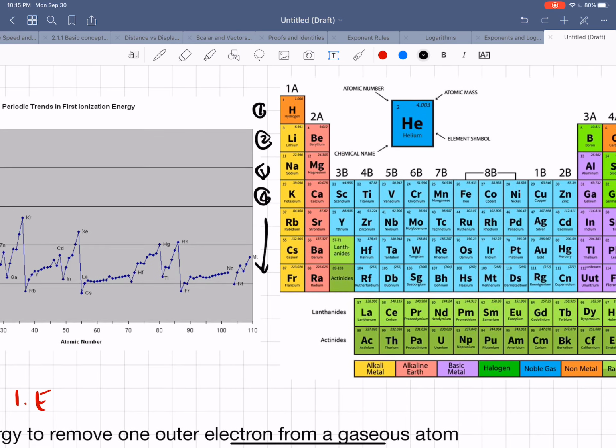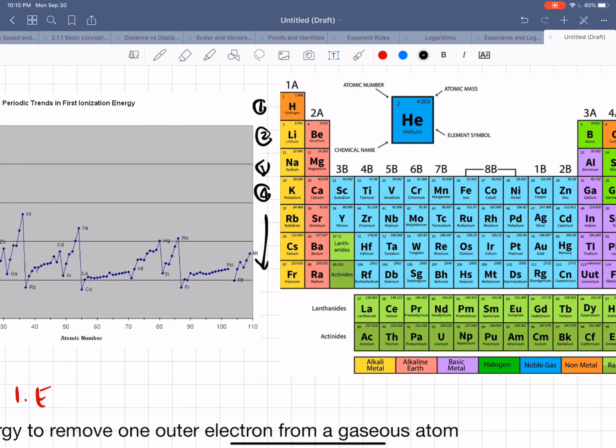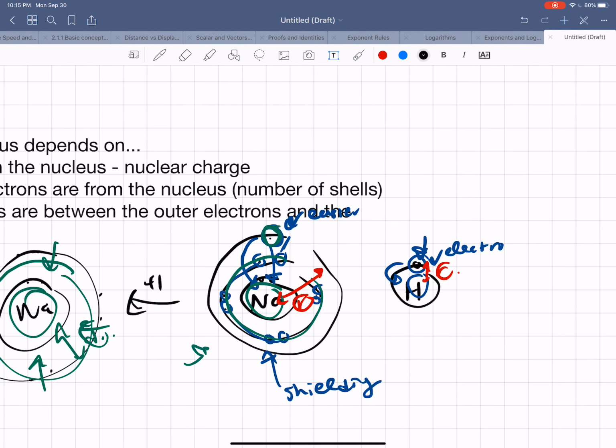Well, as we go down a group, we have more shells. As we have more shells, we have more shielding electrons, right? Reference to the general concepts you should keep in mind. As you have more shielding electrons, the positive nuclear charge of the nucleus can't act as much on the electrons, which means the electrons on the outermost valence shell are relatively liberated.